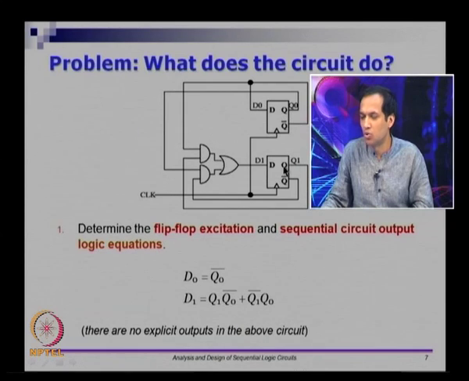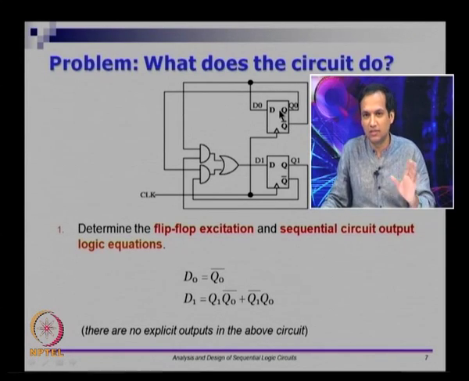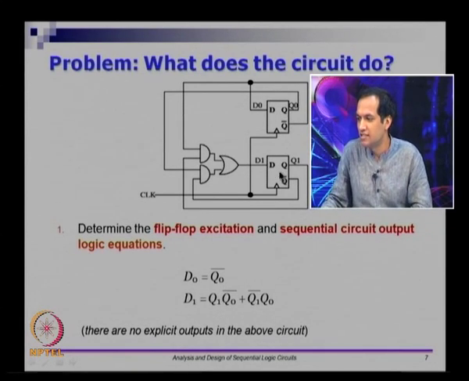So, now let us go and look at the D inputs for each one of them. There are 2 flip flops Q0 and Q1. If I look at D0, D0 seems to be coming from Q bar of this flip flop. So, I can write D0 as Q0 bar, right. If this is my state register, then Q bar is coming in here directly, which means D0 is Q0 bar.